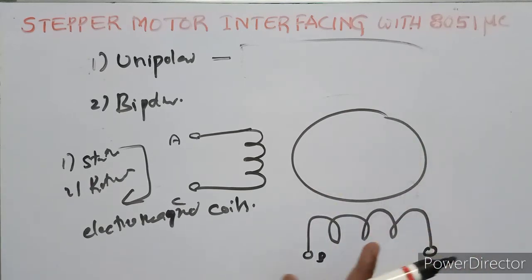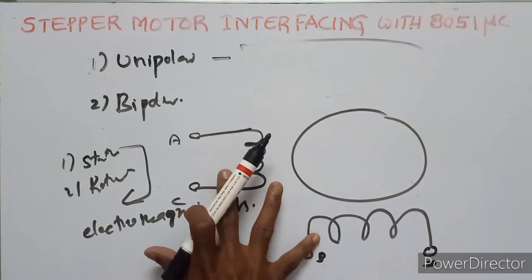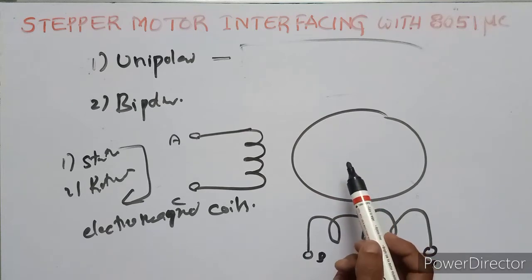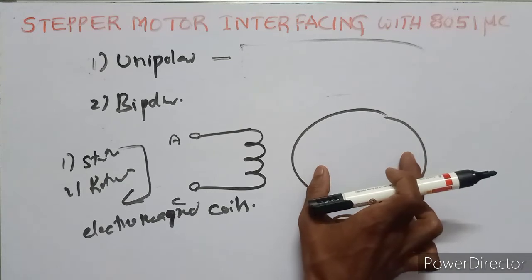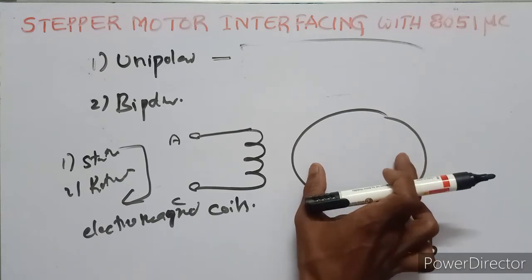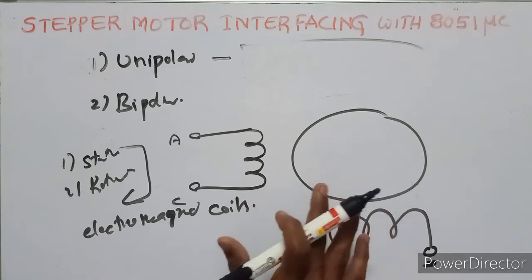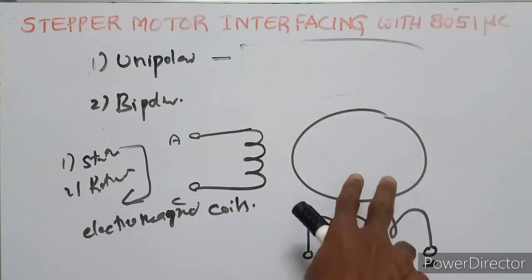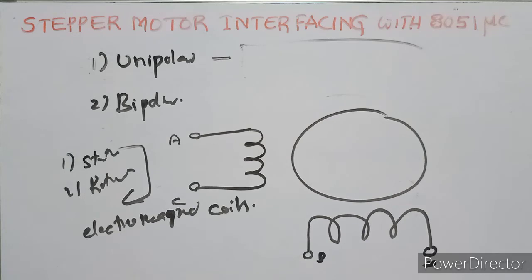So this is the rotator, and these are all stators. The stators are stationary around the rotator, and the rotator represents a permanent magnet which rotates.